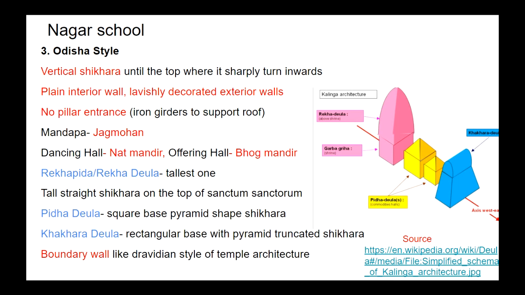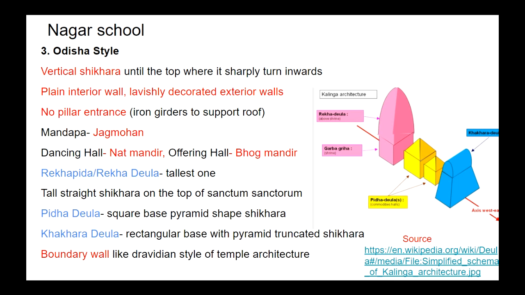Then third one is Khakra Dula, and Khakra Dula was rectangular base with pyramid truncated shikhar. So you can see in the figure, it looks like Vallabi shikhar of Nagar style temple architecture, but this one is more like pyramid truncated structure.